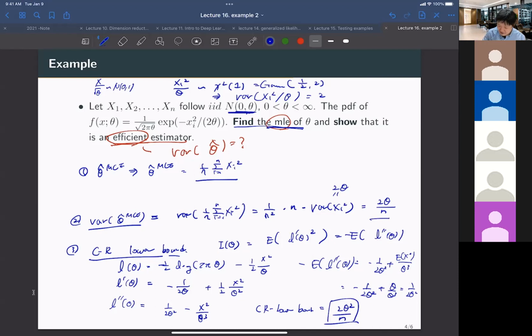The mistake is over here: the variance of x1 squared over theta equals 2, which means the variance of x1 squared is 2 theta squared, sorry. So the variance of this MLE achieves the Cramer-Rao lower bound, 1 over n I theta. So this theta hat MLE is an efficient estimator.